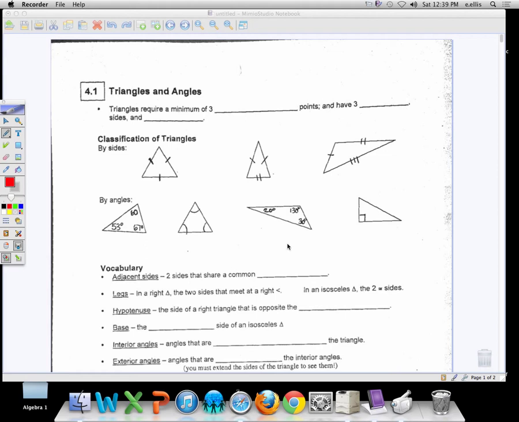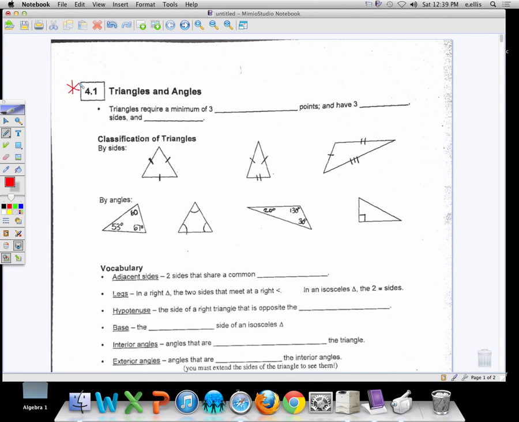We are starting a new unit. However, we're still in the world of triangles, which is just what we got done with, so it's very familiar to you. Now we're going to start with section 4.1, triangles and angles. And the first thing to remember is, triangles do have a lot of parts.